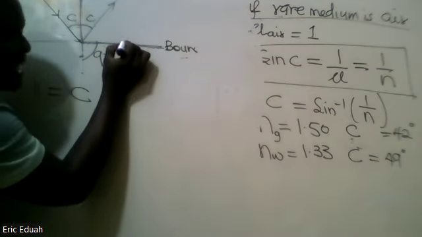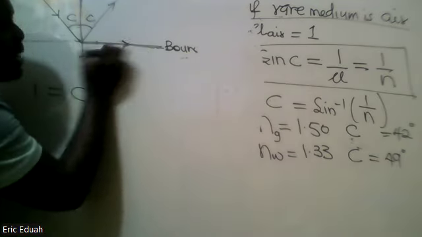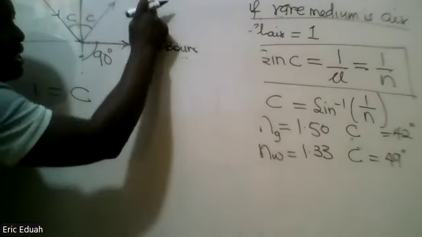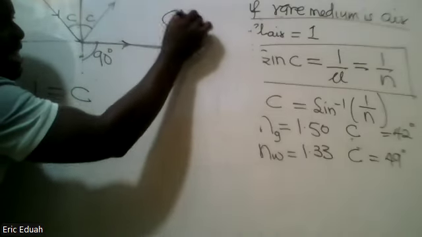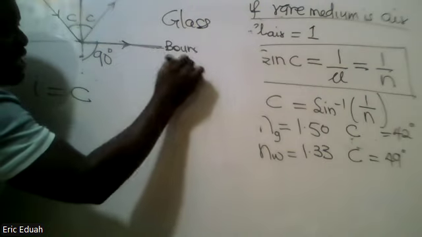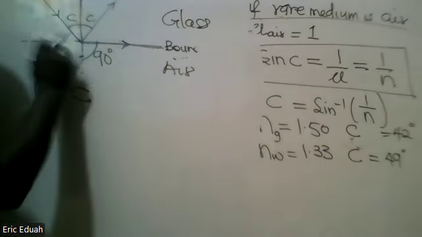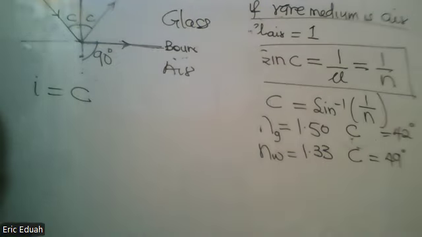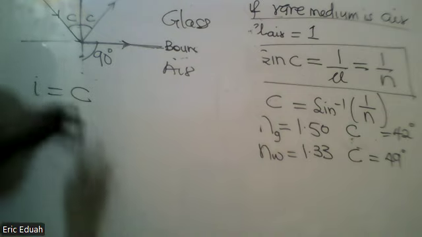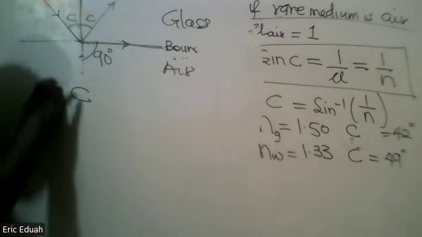The only thing is that the refracted ray lies on the boundary between the two media, glass and air, for example. This is not total internal reflection.